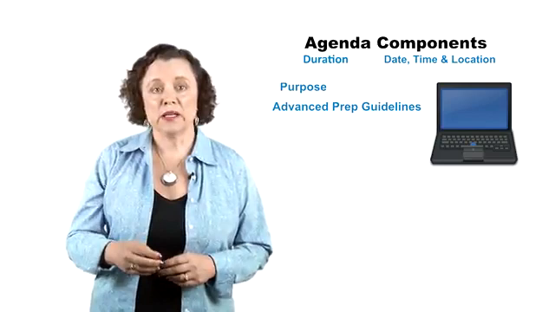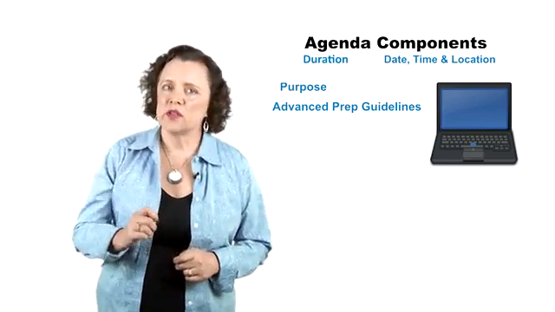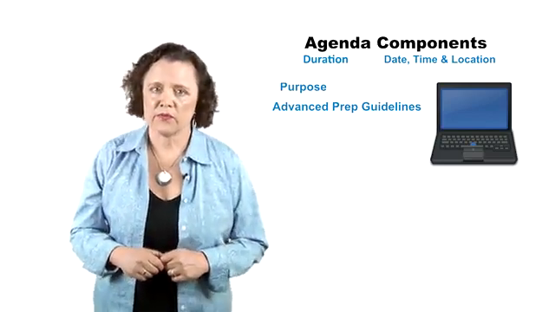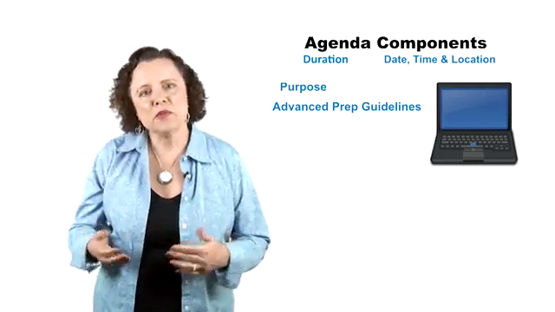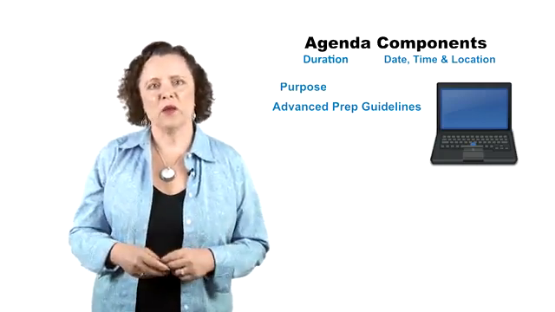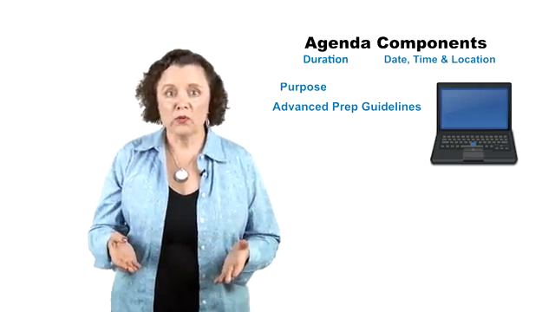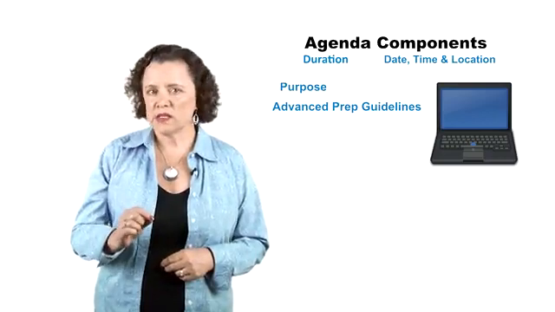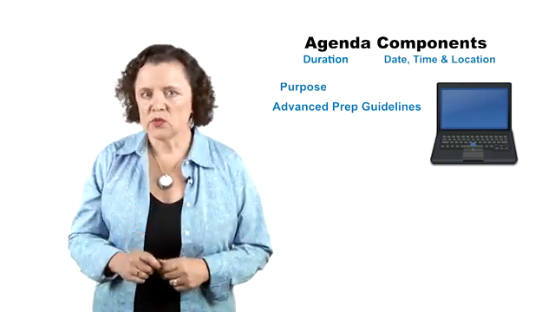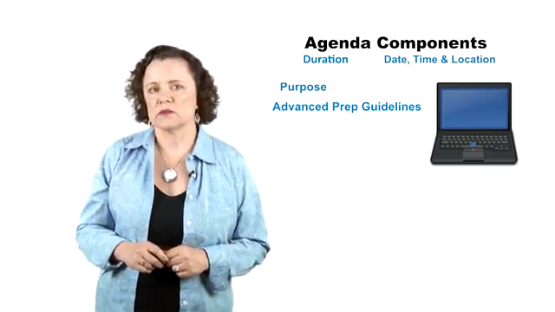For example, you might say, please have a copy of the 2005 financial report with you. It's frustrating for everyone when a decision cannot be made or an initiative cannot be moved forward because no one in the room has the necessary information. A request on the agenda will go a long way toward avoiding this situation.